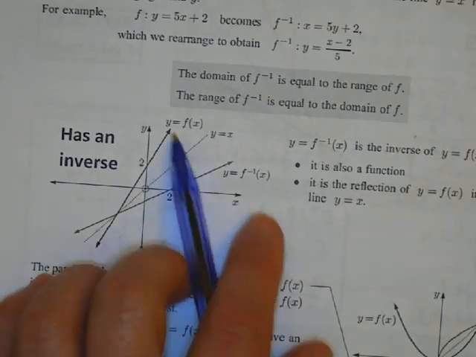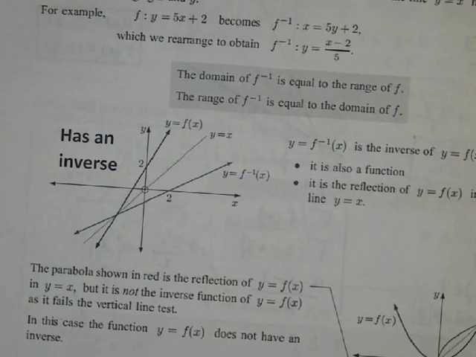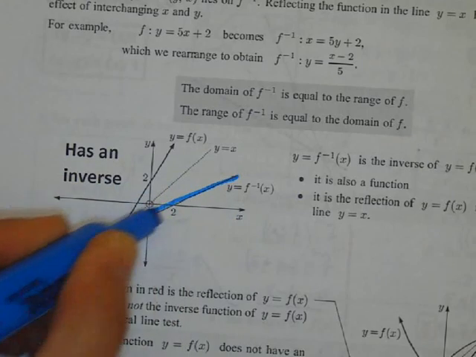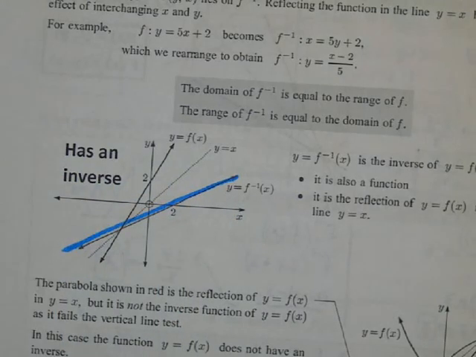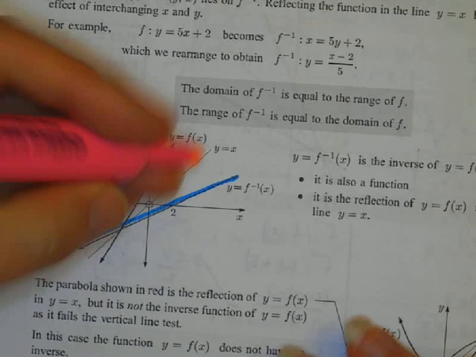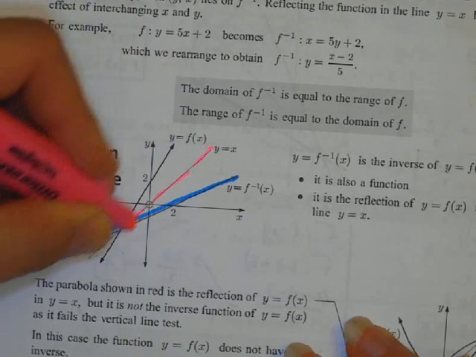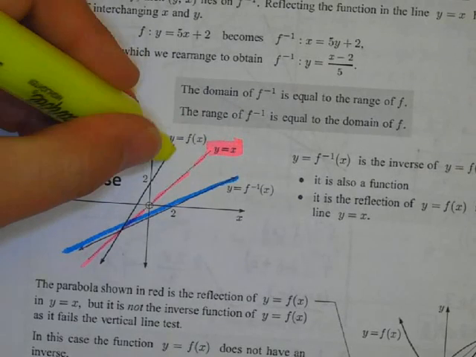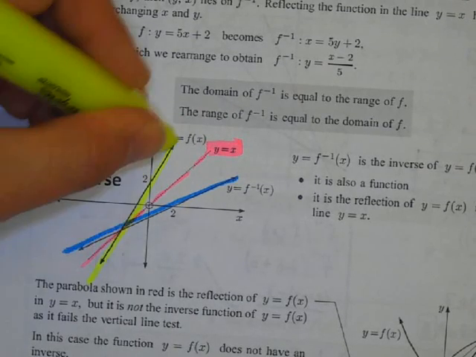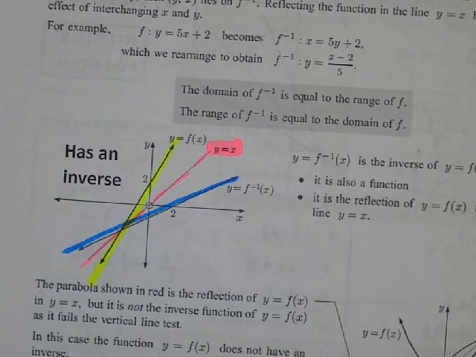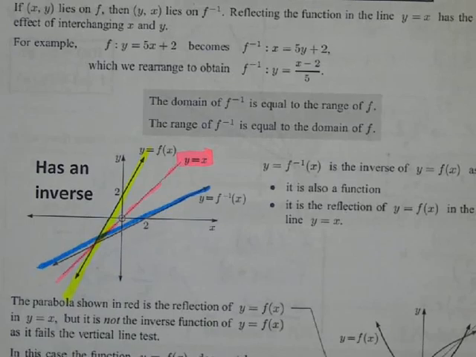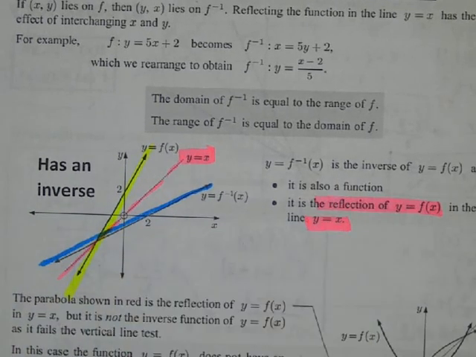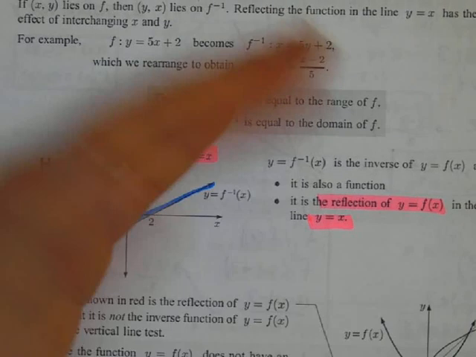The function and its inverse are going to be a reflection over the line y equals x, and this is something we're going to be seeing today. You can see it kind of looks like, if you flip it over, it's a reflection.